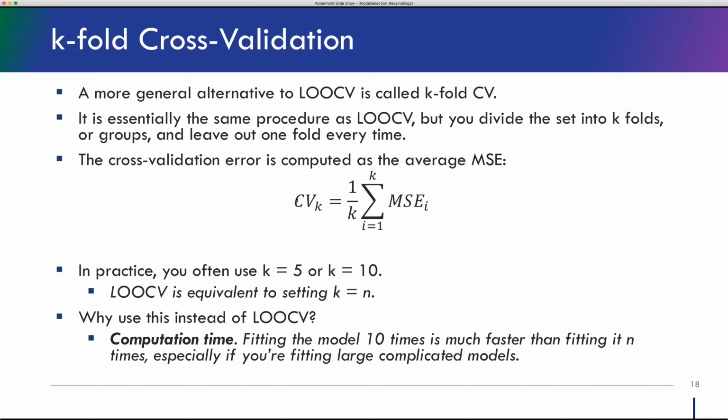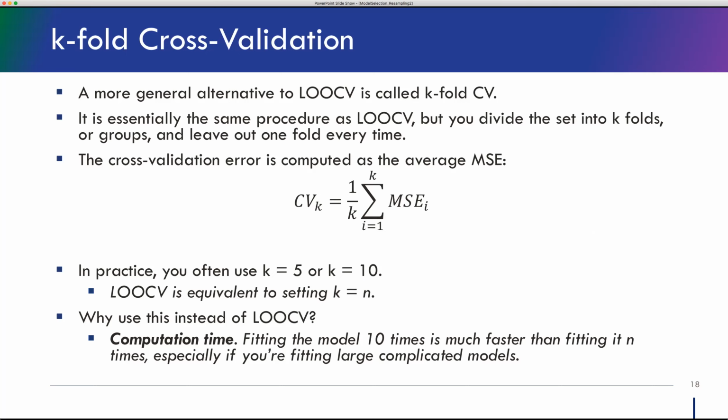The cross-validation error is computed the same way, except that now you have k groups. Previously, we had n observations, right? Each time we just left one observation out. So basically we had n groups in leave one out cross-validation. But here you divide your data into k groups.